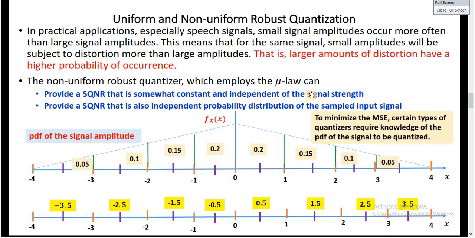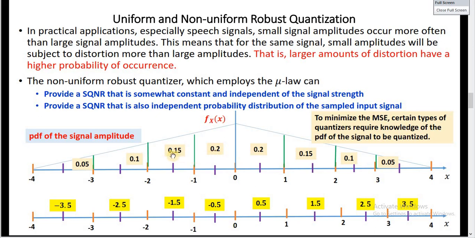There are certain types of quantizers which require knowledge of the probability density function in order to minimize the mean square error. But obtaining the probability density function and designing the quantizer which matches this density function is a difficult task.